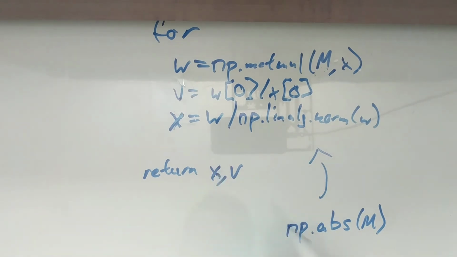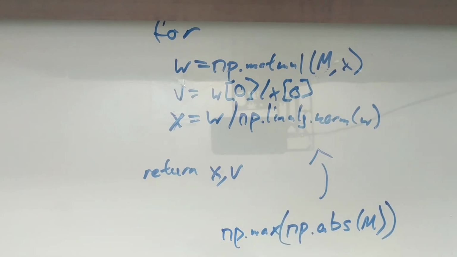And then I would do the np.max of that. And so that would be some value, and I'd substitute that right there for problem 4. And so that's all you have to do for problem 4.